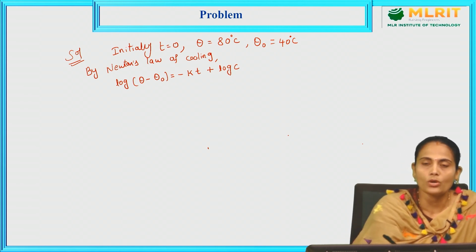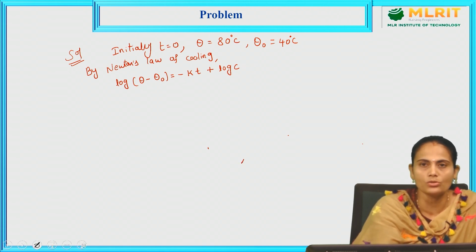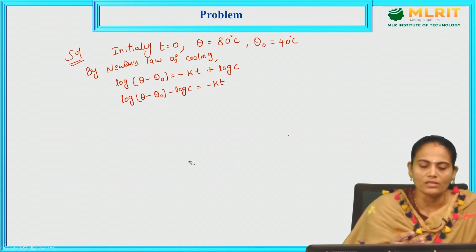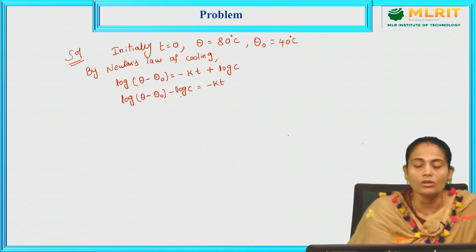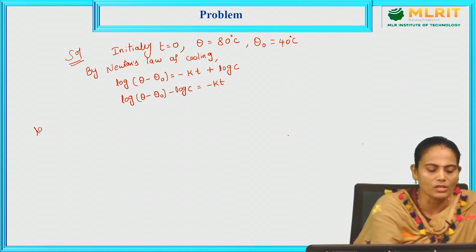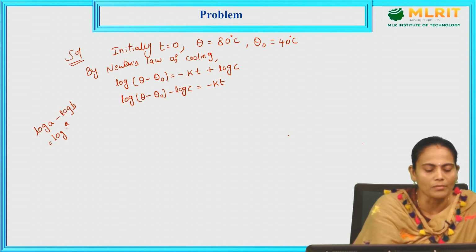And now we are going to simplify this equation. You have to bring this log c to the left side: log of theta minus theta naught minus log c is equal to minus kt. We know that log a minus log b is log of a by b.